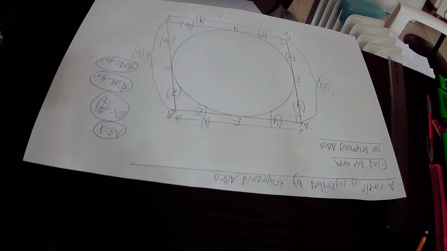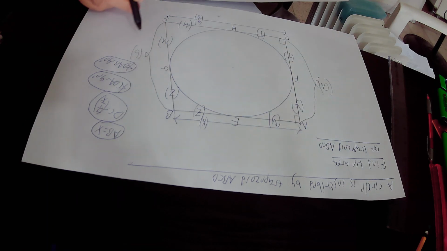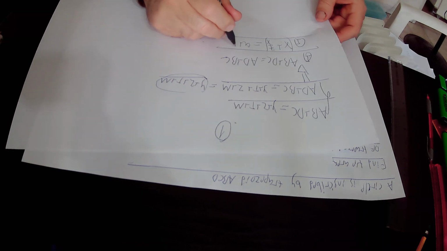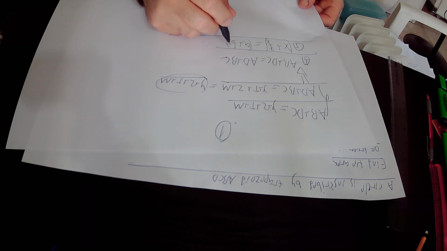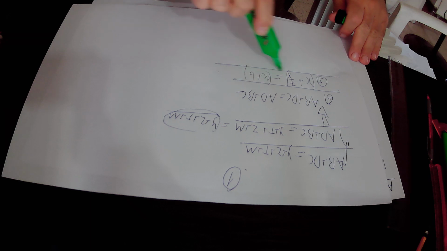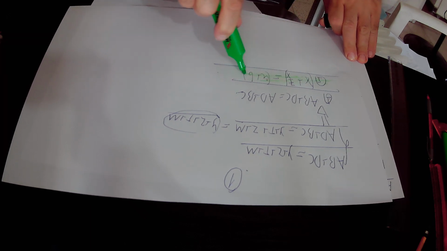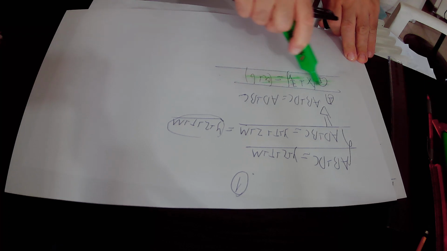And therefore, AD equals A plus BC equals B. So in total, according to equation 1, x plus 7 over x equals A plus B.